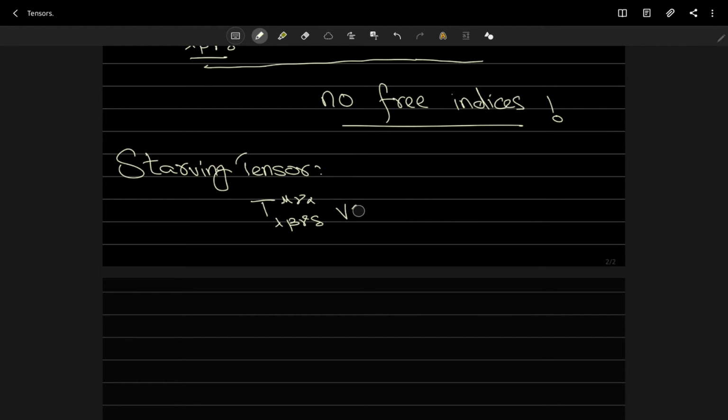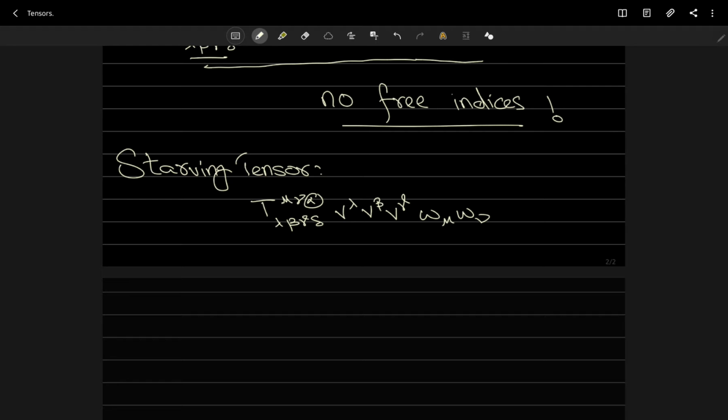Let me rewrite this again. It is v^λ, v^β, v^γ, and then you have w_μ and w_ν.